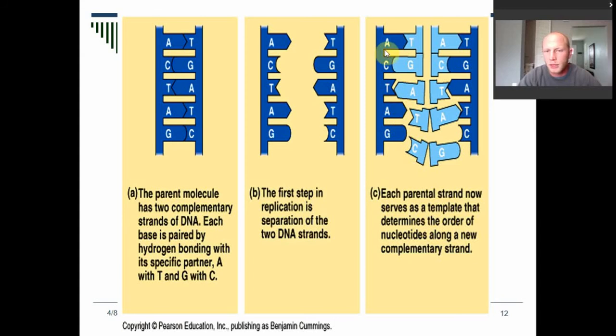This old DNA strand determines the order of nucleotides along the new complementary strand. So if I look at these light blue guys here, T, G, A, T, C, they're the same exact as T, G, A, T, C over here, right? And that makes sense because we know adenine only pairs with thymine, cytosine only pairs with guanine, and vice versa.